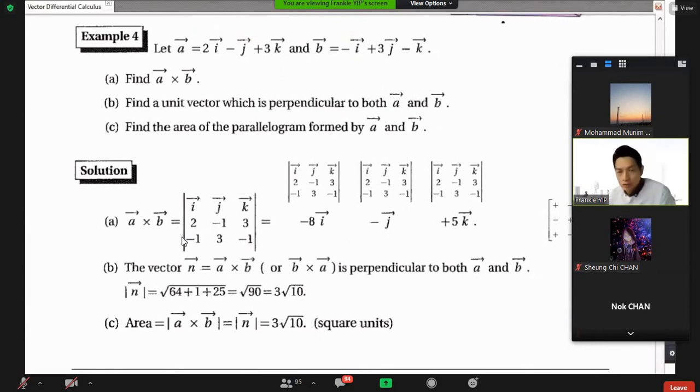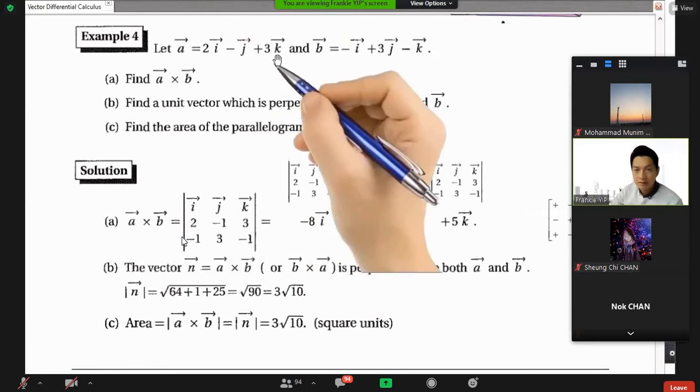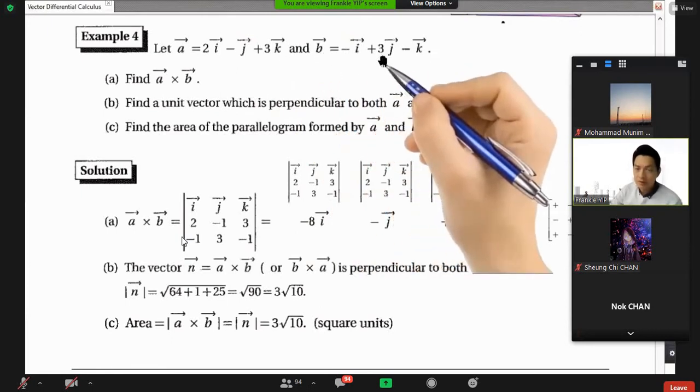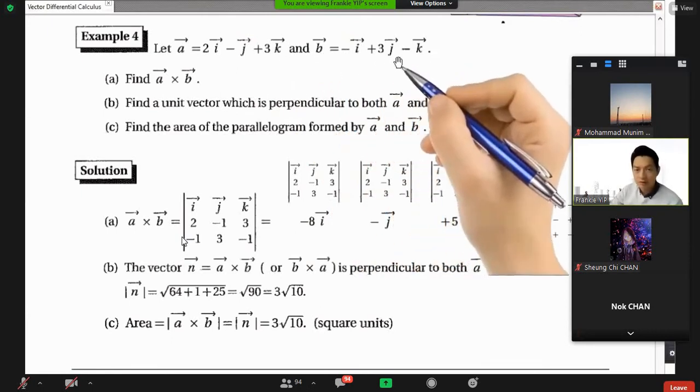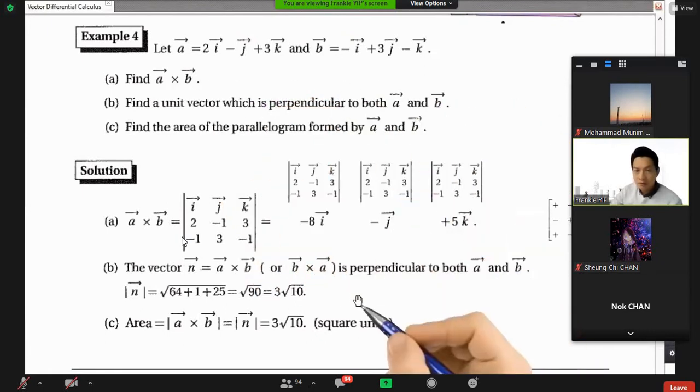Let's start to work out example 4. First of all, we have the A vector, a 3D vector, and the B vector, another 3D vector, and you're asked for A cross B. I think it's pretty easy, right?